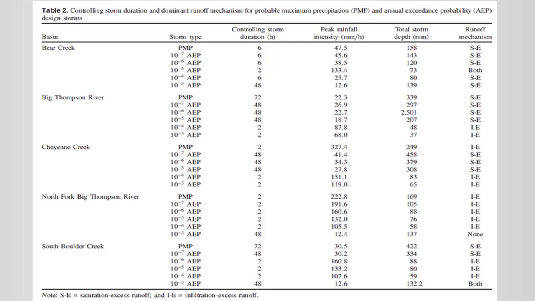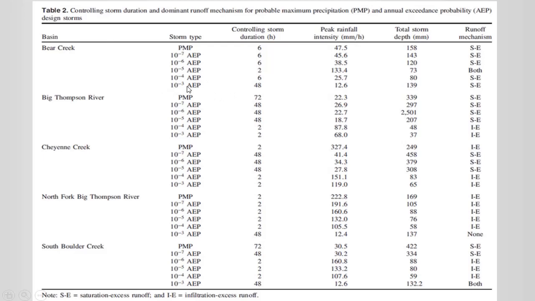But what happened is, after CSU had calibrated their Phase 1 model to these 5 basins and 3 extreme storms, they took our REPS design rainfalls and ran those on the calibrated basins. What's shown here is each basin, and then in the second column, the REPS storm types.